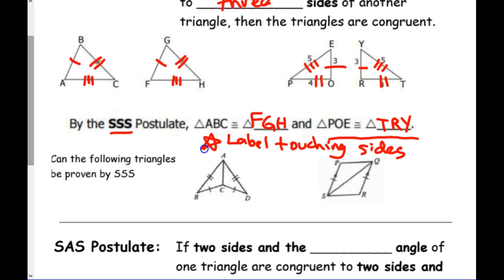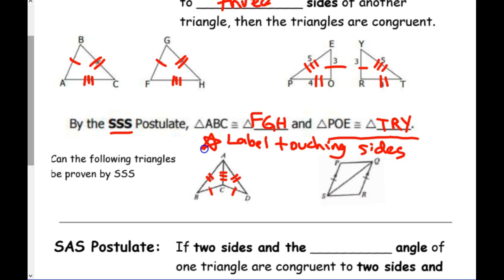Does that make sense? If they're touching, they're sharing that side, so it's obviously the same no matter which way you go. This triangle right here, I got one side that's the same. I got two sides that are the same. And right where they touch, I'm going to put 3. Because they're touching, they have to be the same on both sides.